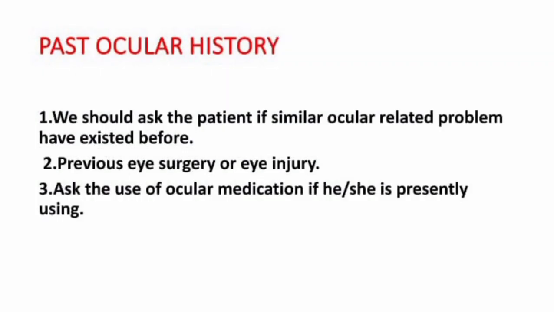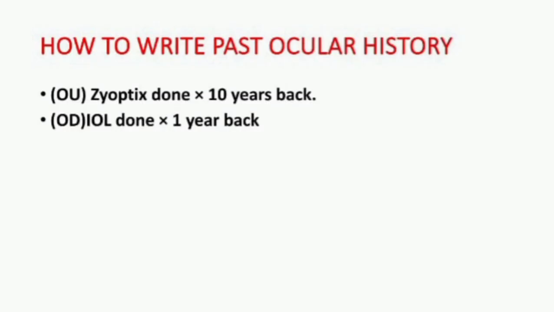Next we are going to see about past ocular history. We should ask the patient if a similar ocular problem has existed before. We also need to mention any previous eye surgery or eye injury of the patient, and ask about the use of any ocular medication if he or she is presently using. Let's see how to write the past ocular history.